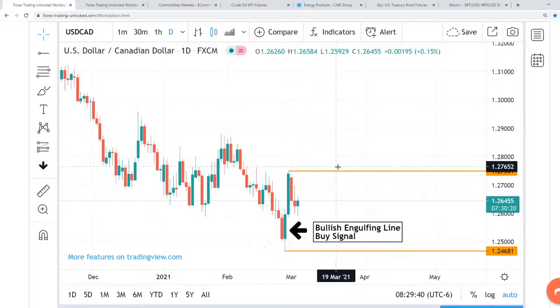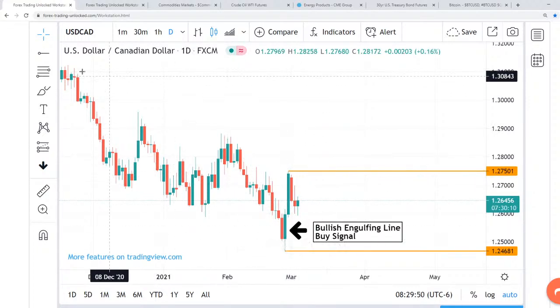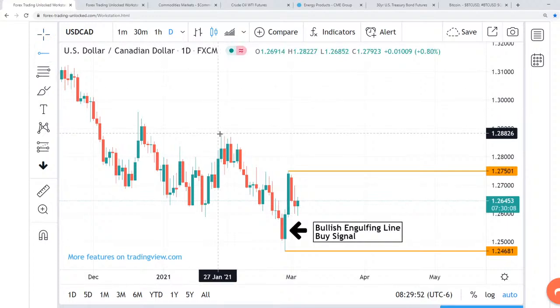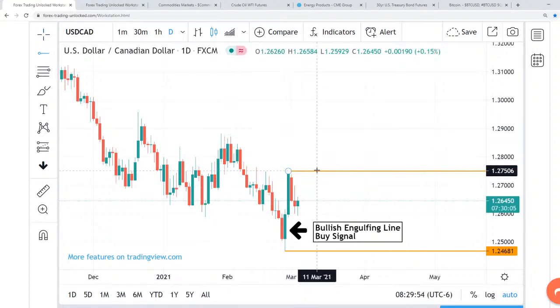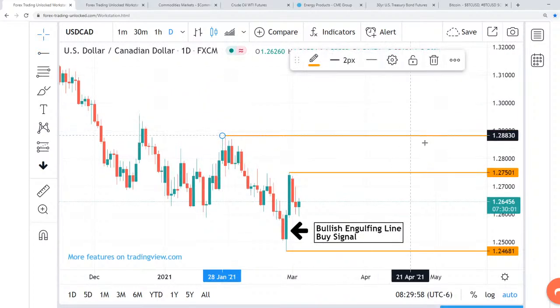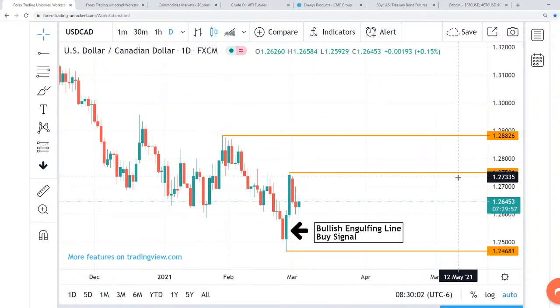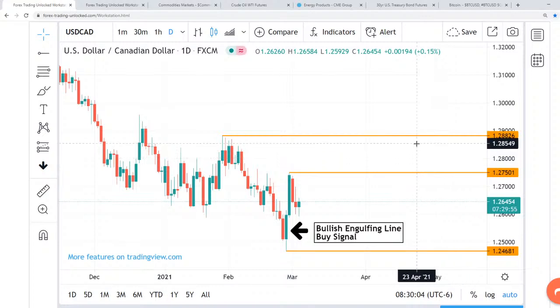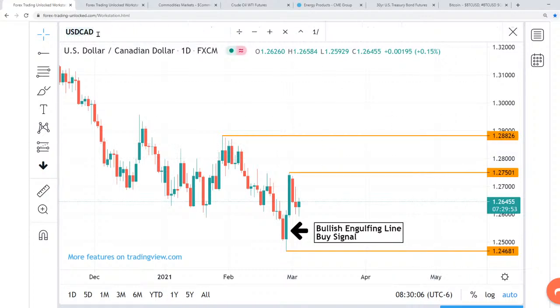Just because if we did make a higher move high above $1.2750, that could also be perceived as an extended lower move high after a lower move low. So the true key is we have to get above, let's see, a solid one would be $1.2882. That would definitely confirm us being neutral to possibly even slightly bullish to US dollar Canada.